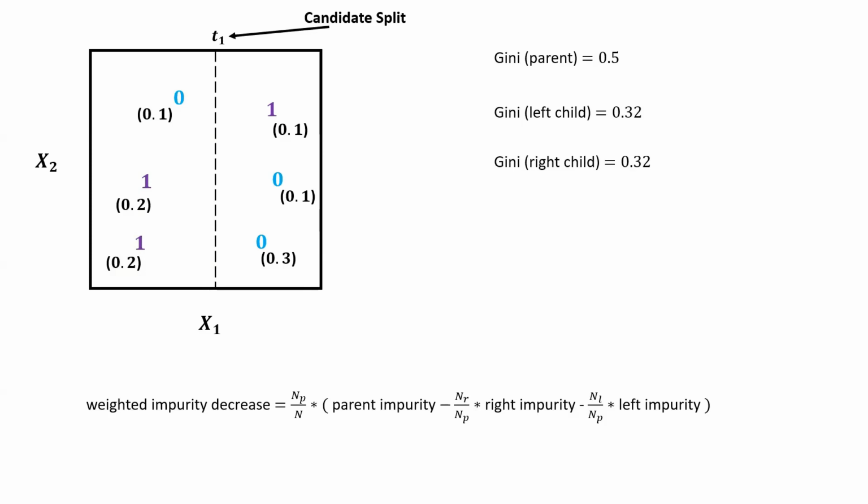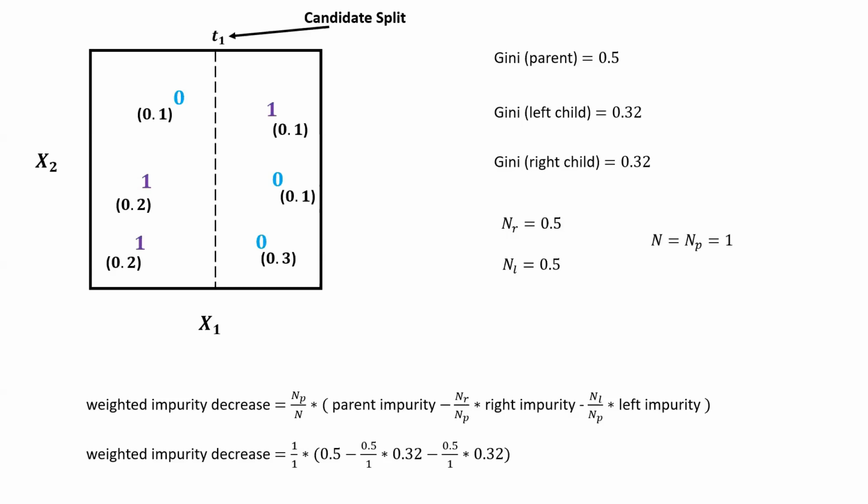We can use our calculated Gini index as the impurity measure, while NR and NL are the sum of the sample weights in the right and left child nodes. Since our decision tree is only a stump with 2 leaf nodes, the number of samples for the parent node and the total number of samples are both equal to 1. Now let's plug and chug the values into the formula for weighted impurity decrease. The final value we get for the impurity decrease of this candidate split is 0.18.